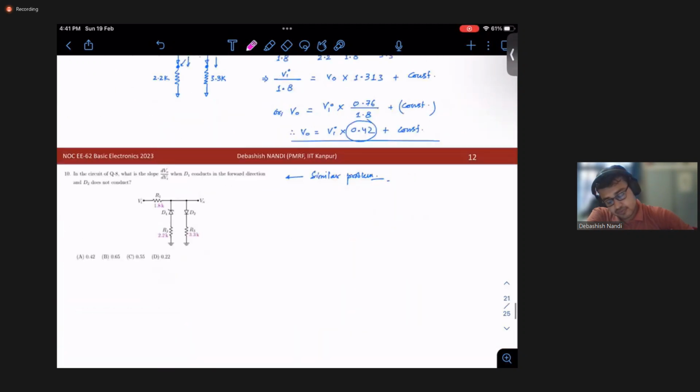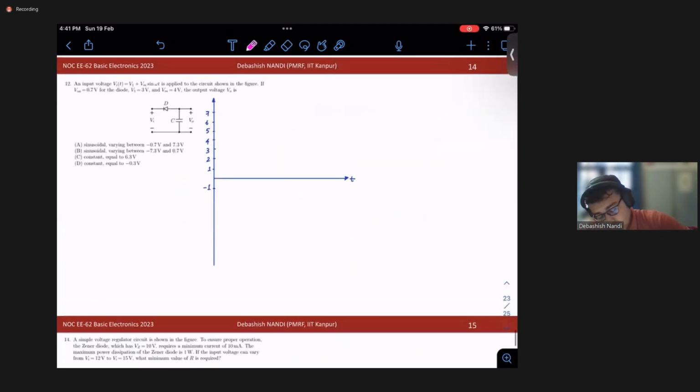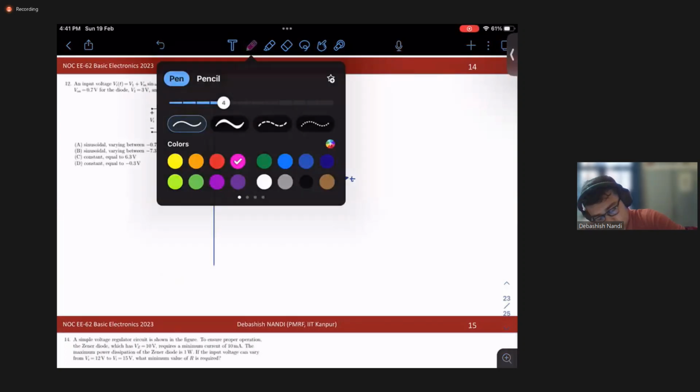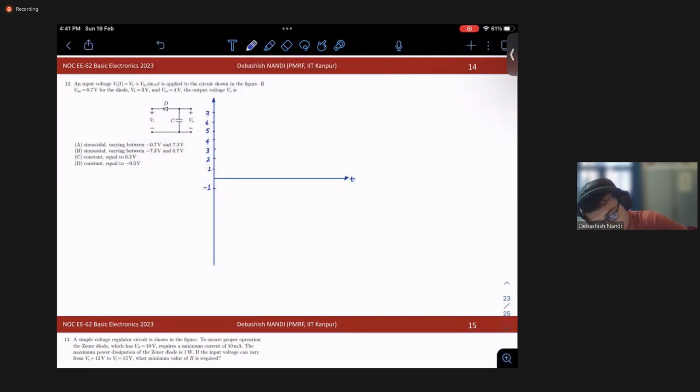Okay, so moving on to this problem. So this is my DC line, and because this is DC, and above it means 3 plus 4 sine omega t, right?